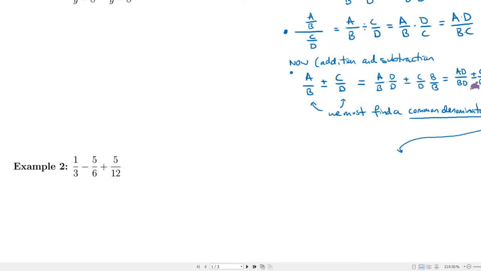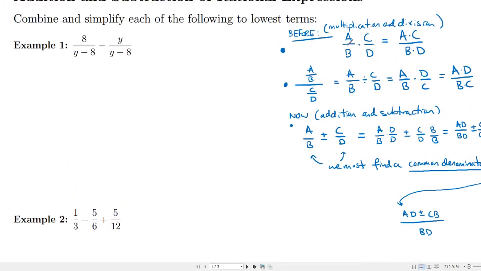Once you have a common denominator, you either add or subtract the corresponding numerators, and then you put that over the common denominator. I'm writing everything in general, but the key difference is that when you're adding and subtracting, you must find a common denominator, and that's not necessary for multiplication and division, because each of those can be translated into multiplication, and then you just multiply the numerators and denominators.